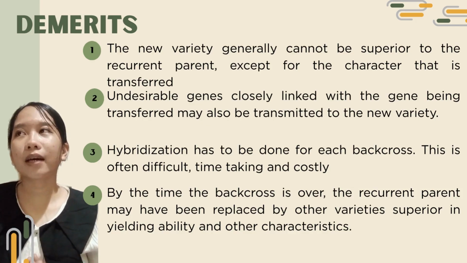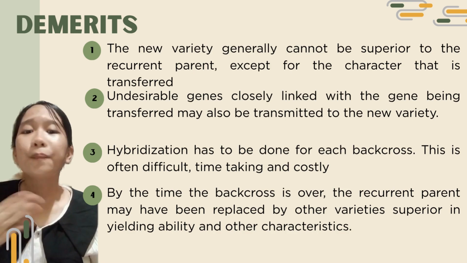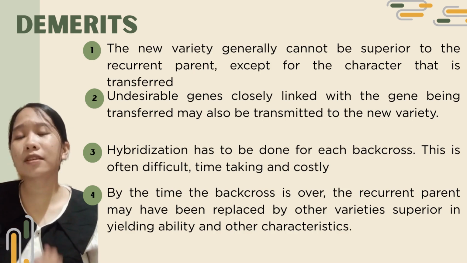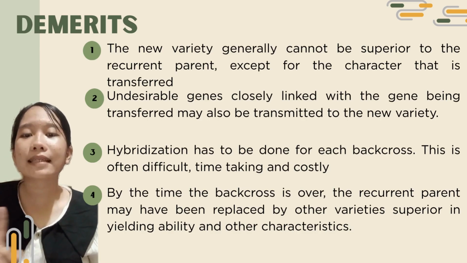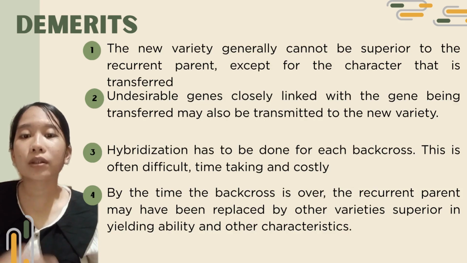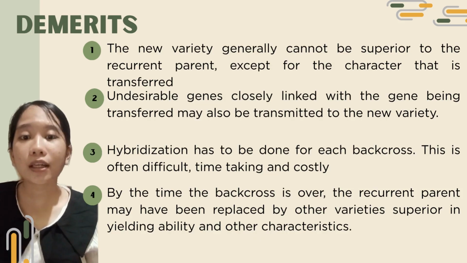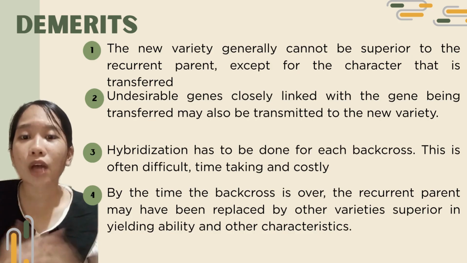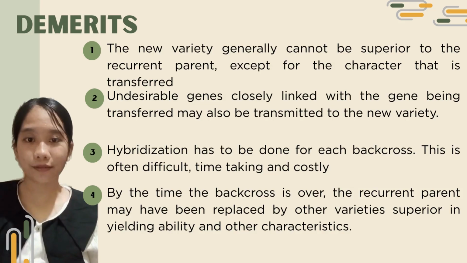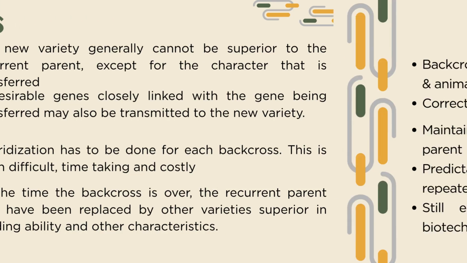And lastly, by the time several backcross generations are completed, the recurrent parent used as the main genetic background might already be outdated, or other improved varieties with higher yield or better quality may have been developed, making the resulting backcross variety less competitive. So those are the demerits of backcrossing.